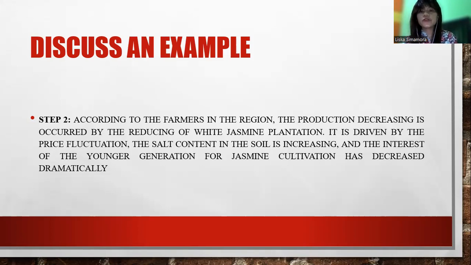By doing observation, it is actually caused by the reducing of white jasmine plantation. Why is it reducing? It is driven by price fluctuation. The price of the white jasmine flower highly fluctuates.